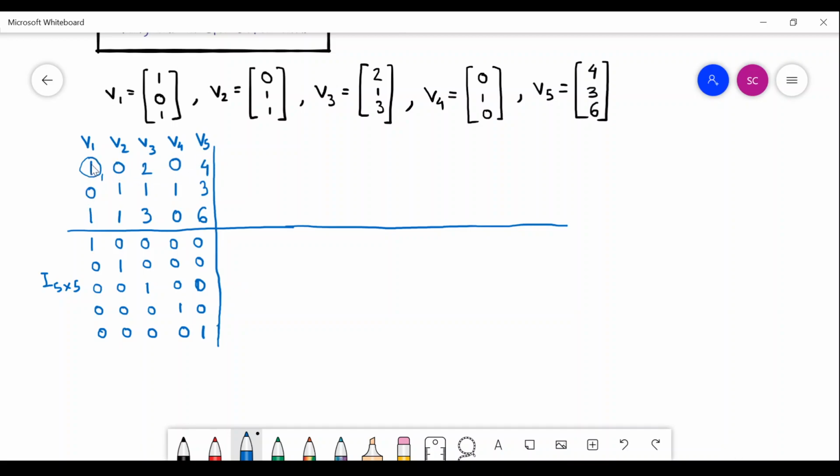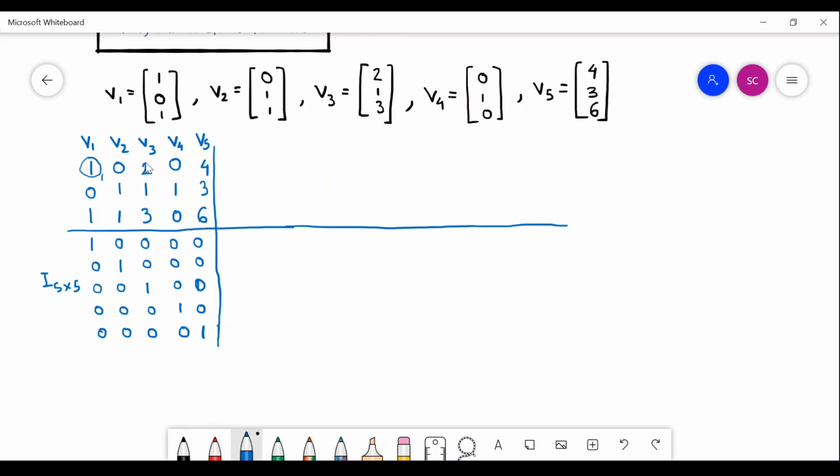So we want to make the first element of v2 0, the first element of v3 0, the first element of all the vectors that are lined up. We want to make the first element of those vectors 0, because we have chosen the first element of v1 as the pivot element. To do that, we would need to scale v1 by some scalar and add it to the vectors. That is what we need to do.